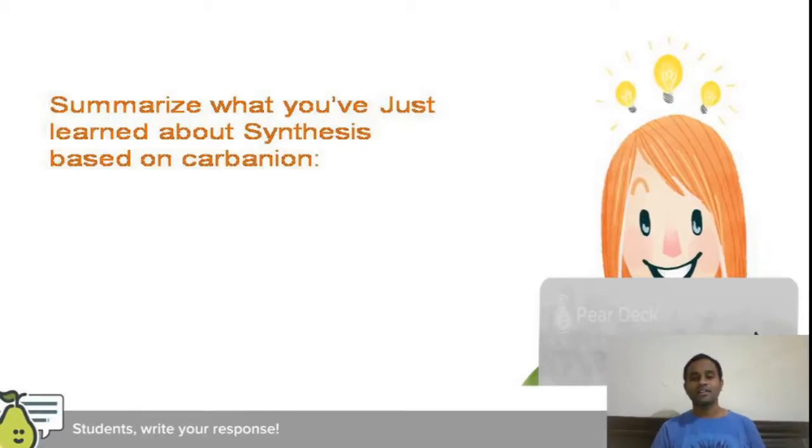One is ketonic hydrolysis to give various ketones in the presence of dilute alkali, and the other is acidic hydrolysis in the presence of concentrated base or concentrated acid to give carboxylic acid as the main product. This is what we have covered in this video session. We have also seen certain examples of how to prepare compounds from acetoacetic ester. This is about the synthetic applications of acetoacetic ester.